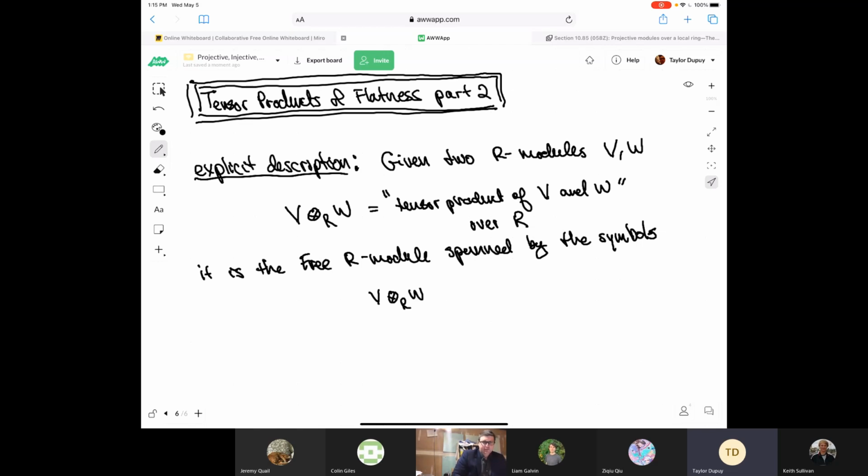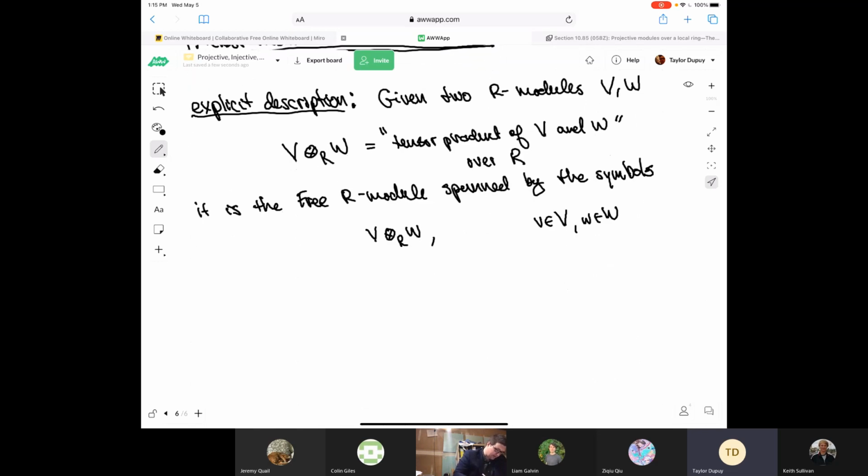Sometimes I'm going to omit the subscript R, but usually you have to have that. So this is v in V and w in W. So far we're just taking these as a basis vector for a free module, okay? But it's subject to some relations.